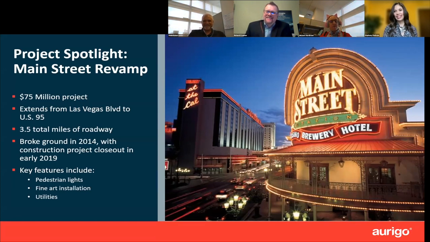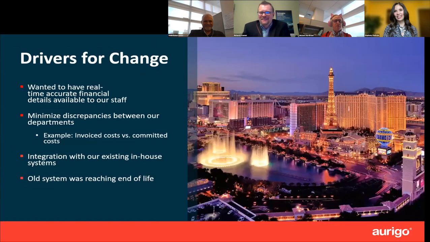So we can jump on into the drivers for change. The city really wanted to get their data consolidated into a single location. You know, we had Word documents with things, we had stuff in spreadsheets, we had Expedition for our construction management, we had a project tracking system that we would have kept some of our financial data in, and we used Oracle. We had things a bit scattered around.